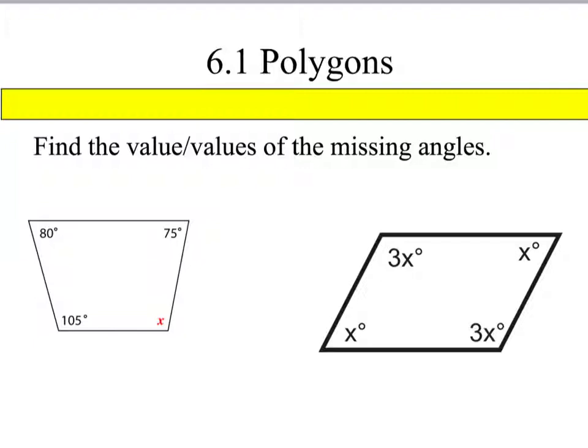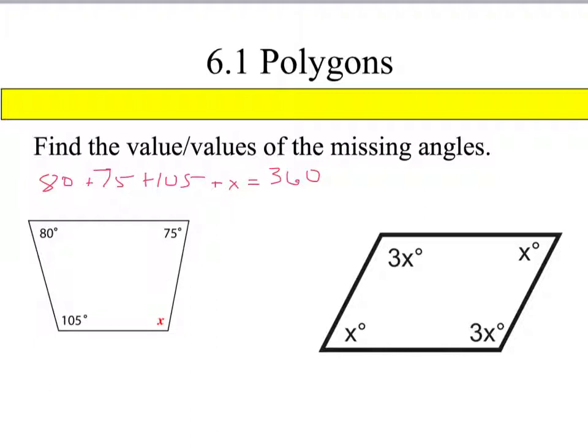All right, so let's see how you did. I look at this very first one. I have an 80-degree angle, a 75-degree angle, a 105-degree angle. That's 80 plus 75 plus 105 plus x. What do they all equal if I add them all up? That is going to equal 360.